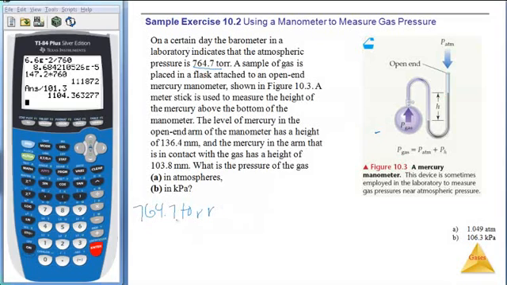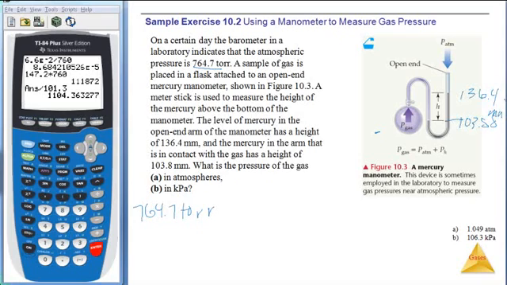The level of mercury in the open-end arm of the manometer has a height of 136.4, where the mercury in the arm that is in contact with the gas has a height of 103.8. And these are both millimeters. What is the pressure of the gas?